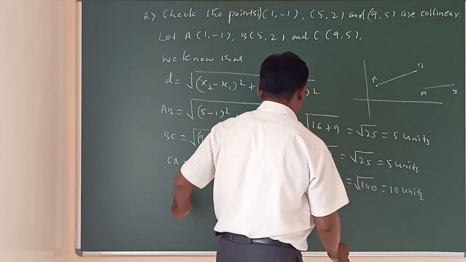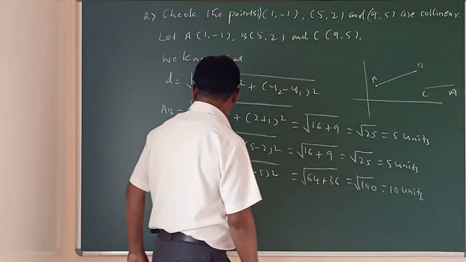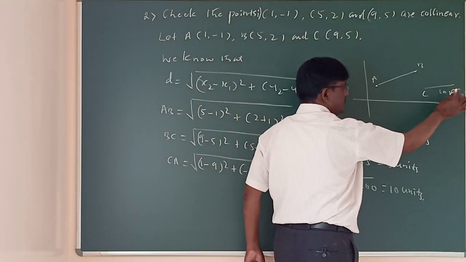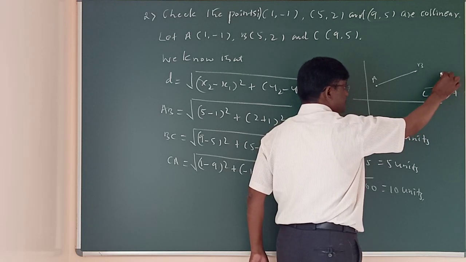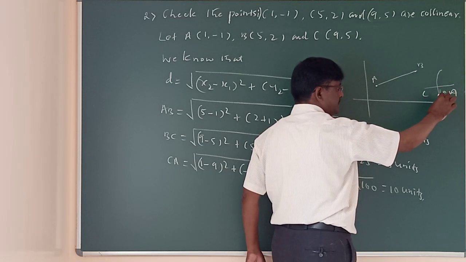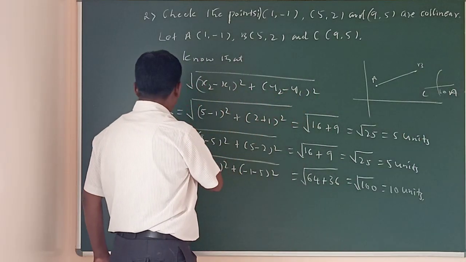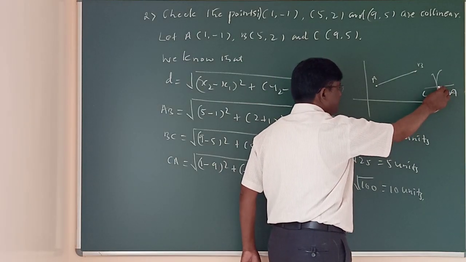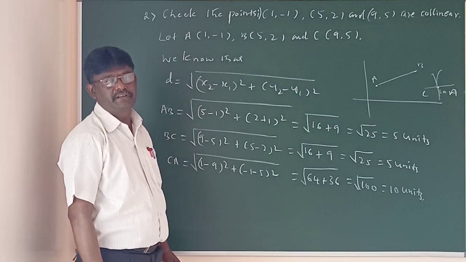CA is 10. Next, you take AB 5, using compass with A as center draw an arc, and similarly BC 5 with C as center, they will just meet here. It is not possible to construct the triangle.